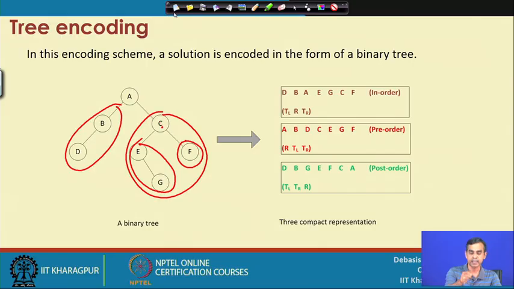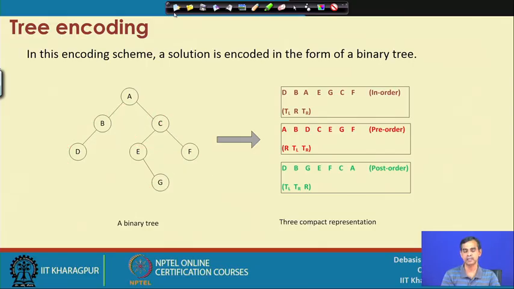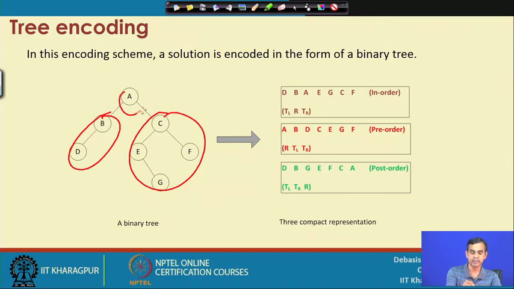If we follow the same policy for each, then the visiting will be there, and it will be listed. So this is one sort of visiting, and this is one sort of encoding in fact.